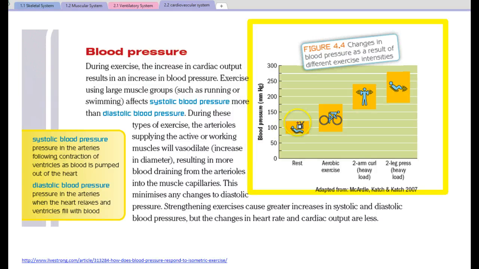So we can see at rest our blood pressure, now this is looking at the range between diastolic at about 80, systolic at about 120, and we can see that it's going to increase with respect to the type of activity we're doing.